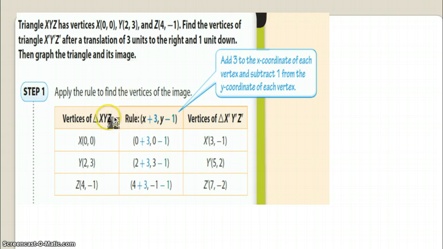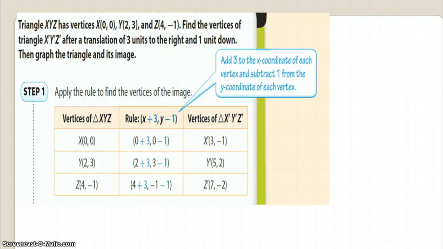So here's our original, X, Y, and Z, our pre-image, I think is what the author wants us to call it. So the rule here says we're going to go 3 units to the right.